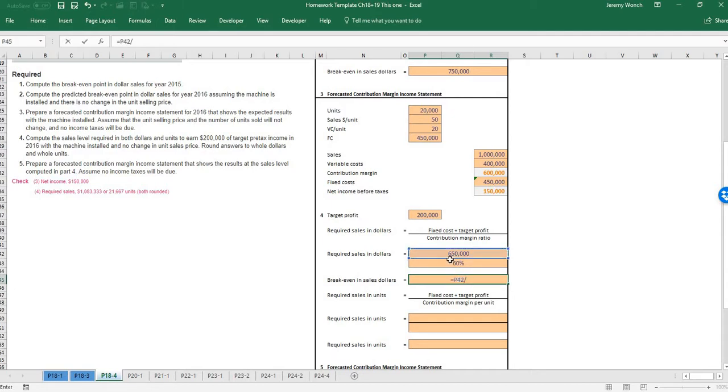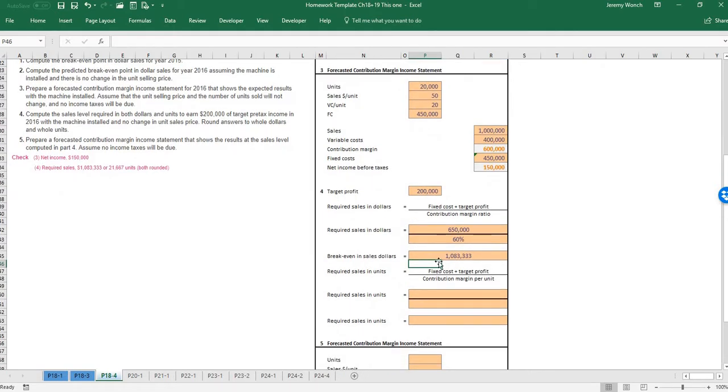Then we just divide. So that means if we want to break even plus earn our target profit, we would have to sell $1,083,333. Sorry, that's in dollars.